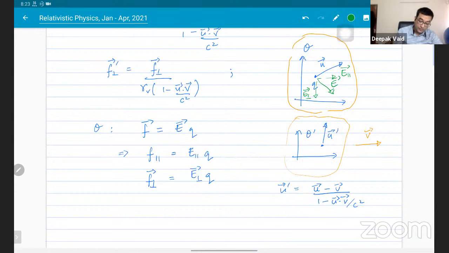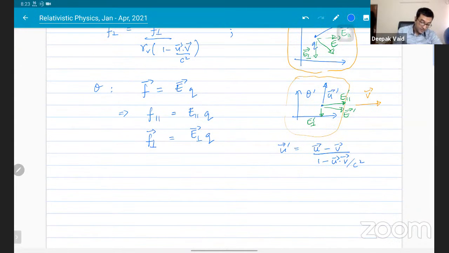Now, this electric field E will be seen by this observer O prime. So O prime will also obviously say that there is an electric field, but that electric field can have some different components, right? So we'll call it E prime, with E parallel prime and E perpendicular prime.